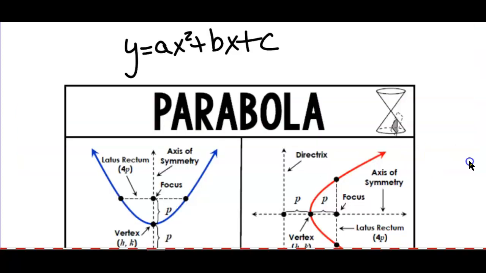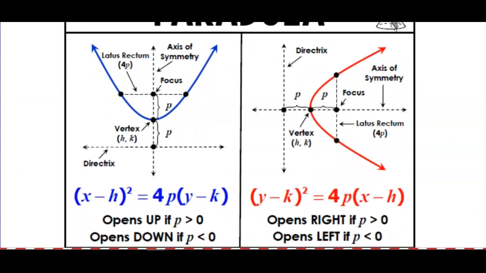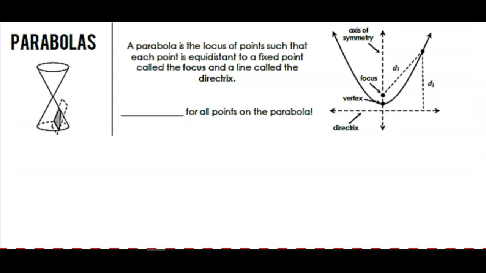But the definition that makes the parabola unique, I'm going to come back to this, is that every point on the parabola itself is equidistant, or the same distance away, from the focus point to the point on the parabola.